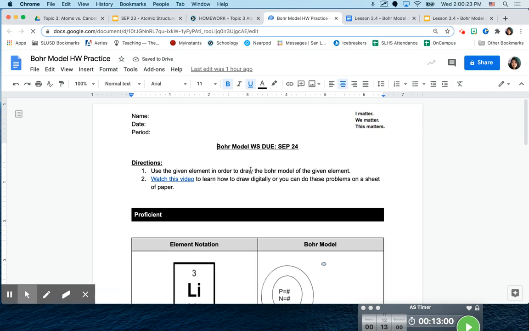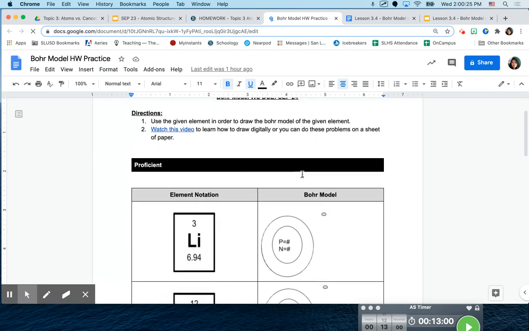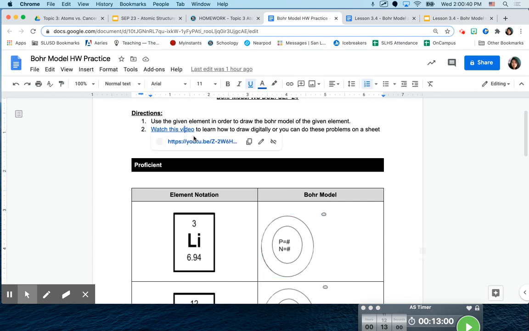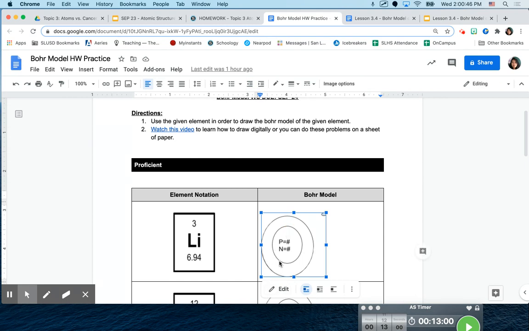So the goal for you in this class is to draw the Bohr model of the element that I give you on this left-hand column. All right. Now, drawing things digitally might be kind of complicated. So if you click on this link, it will show you a video of me explaining how to draw the Bohr model digitally, right?